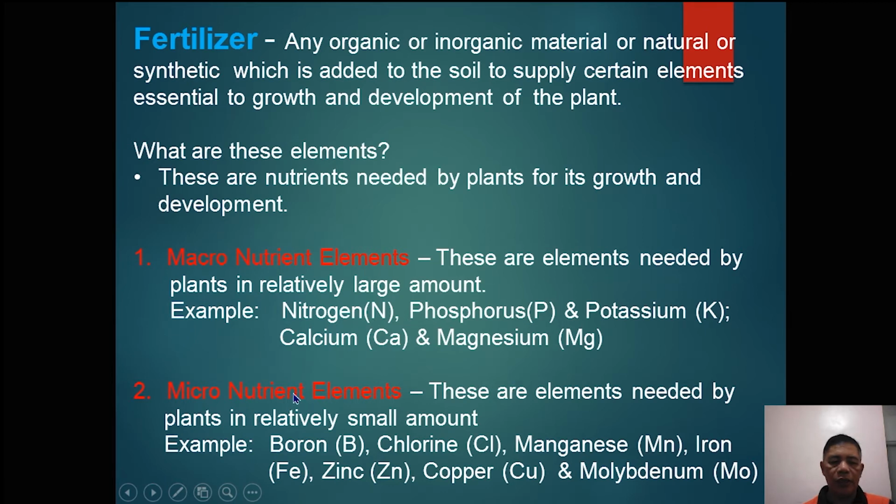And the second is micronutrient elements. These are elements needed by plants in relatively small amount. Examples of these micronutrient elements are boron, chlorine, manganese, iron, zinc, copper, and molybdenum, and other micronutrient elements which I did not include.